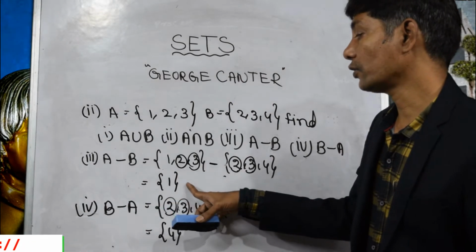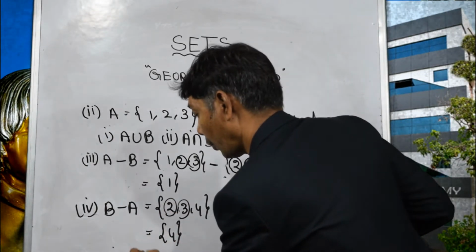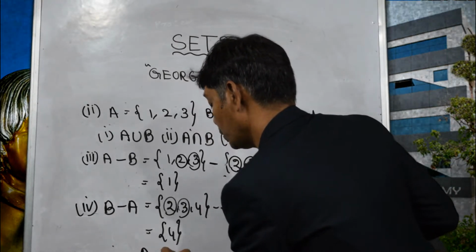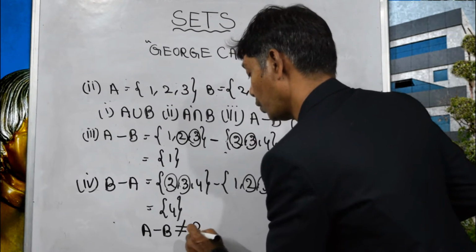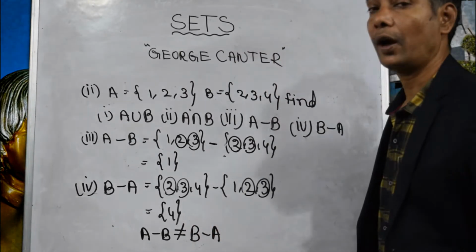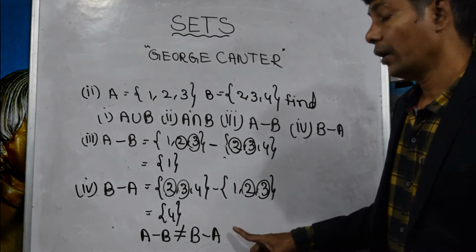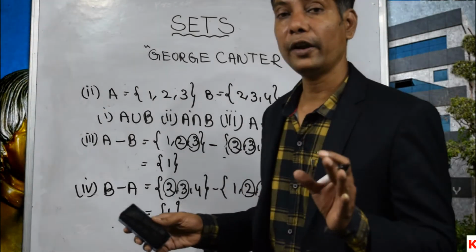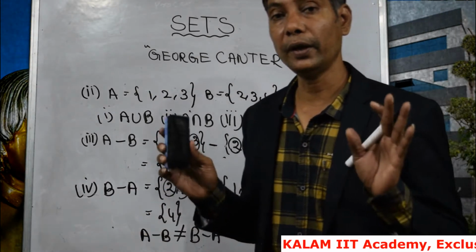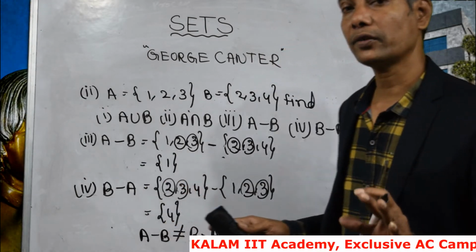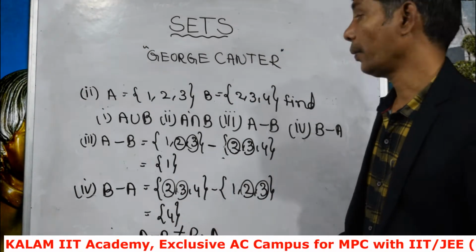So A minus B answer is 1, B minus A answer is 4. We can write A minus B is not equal to B minus A. Always A minus B is not equal to B minus A. Otherwise, if A and B are equal, A minus B and B minus A will be equal, then the answer is 5. Right? Otherwise, A minus B is not equal to B minus A.